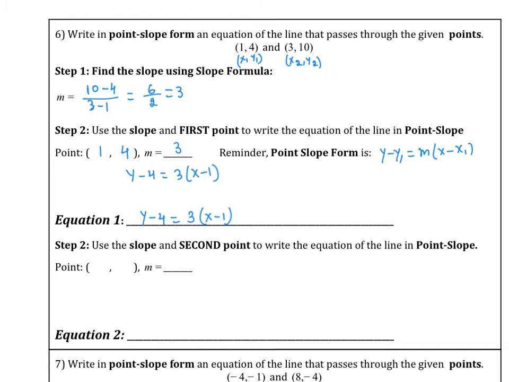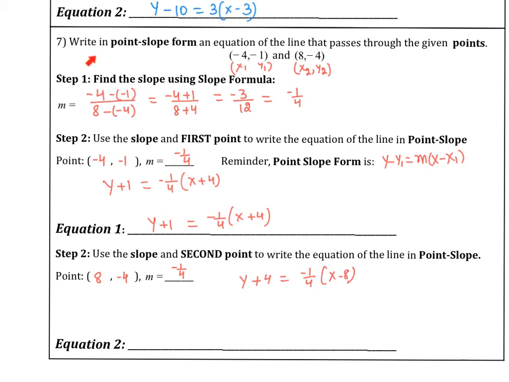That's your first equation. For the second equation, you're going to use the point 3, 10 and the same slope 3, and the formula y minus y1 equals slope 3 times x minus x1. And that's going to be your second equation.